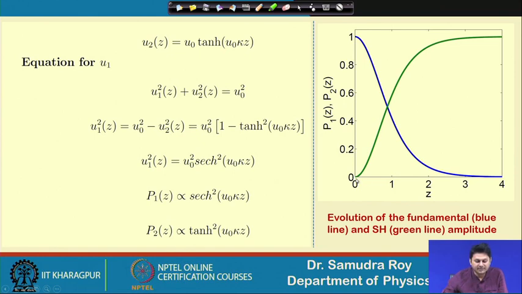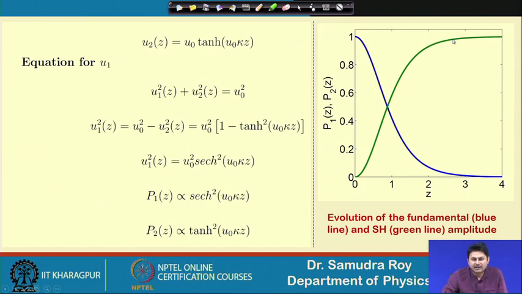That means there is no second harmonic at z equal to 0, and if I go with increasing z, then gradually the second harmonic will get some energy, the amplitude will increase, this is in normalized form, and reaches a maximum and then saturates.